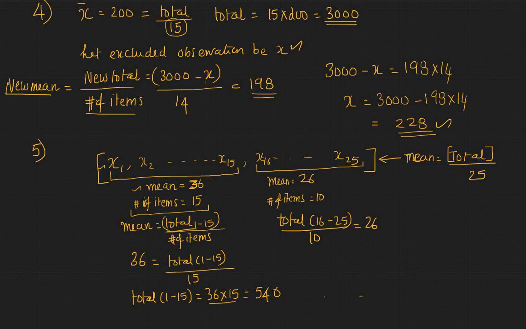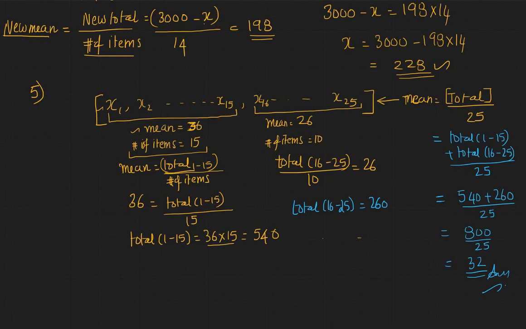So try to pause the video here and try to solve the problem further. So here is the rest of the working. You get the total of the other items. So you got two totals. You can add them to get the total and divide it by the total number of items, which is 25, and there you go, you got 32 as your answer.